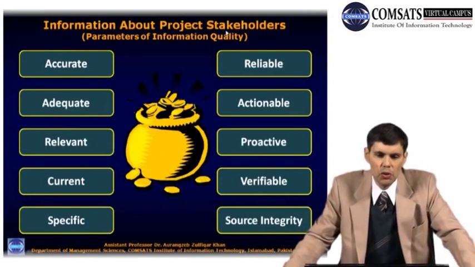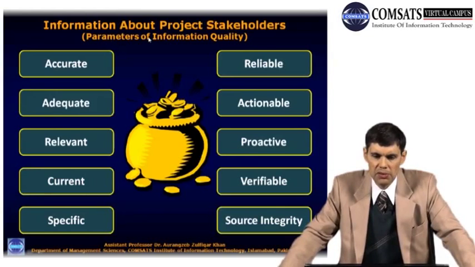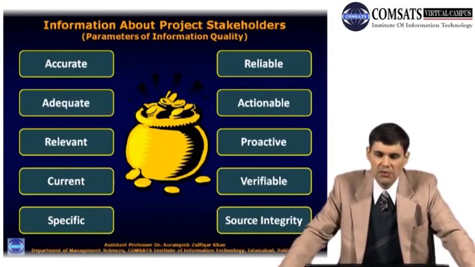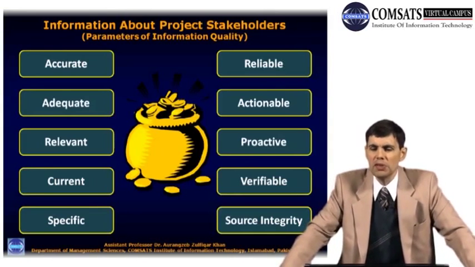And since we are talking about information now, I had also pointed out that information has many parameters. When you talk about information, you should look at the different parameters, because they determine the quality of the information. Good quality information versus information which is not of good quality. Now, what really determines the quality?